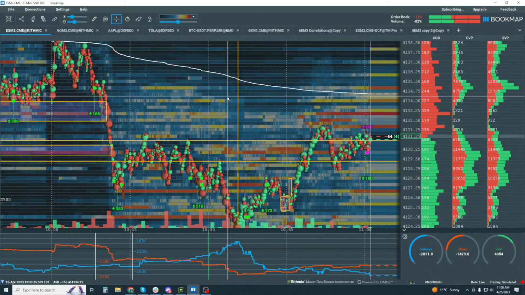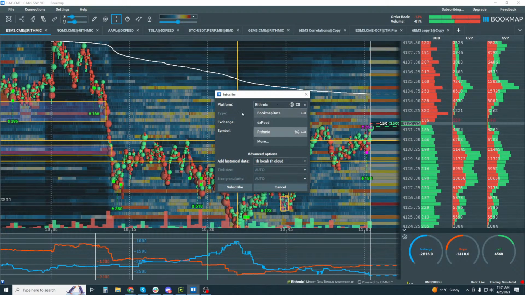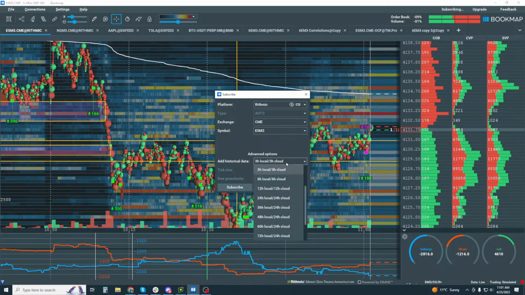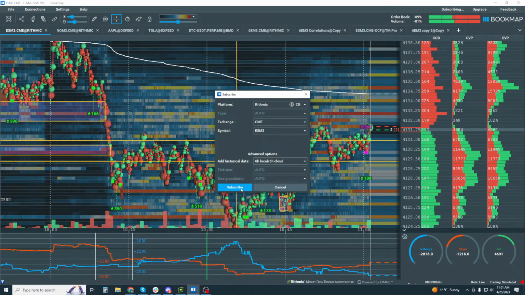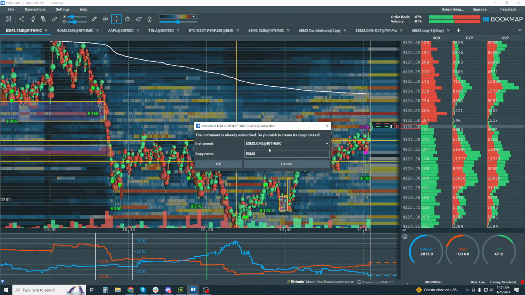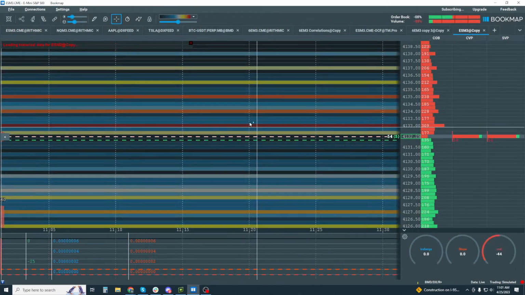I think that might be the easiest. In fact, let's make an instrument copy of the ES. We'll just call it ES copy here.